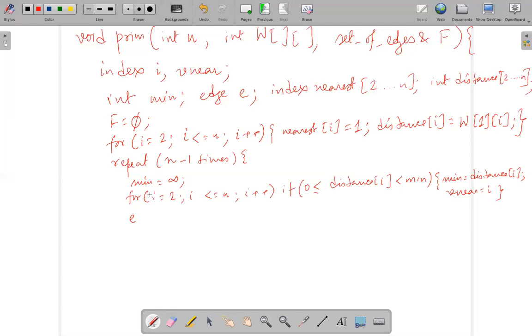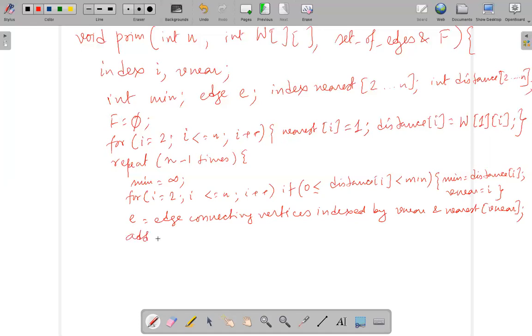Now e is set to the edge connecting the vertices indexed by vnear and nearest vnear. Because vnear is our minimum distance vertex, so we take that edge having the minimum weight, and that edge would be the edge between vnear and nearest vnear.